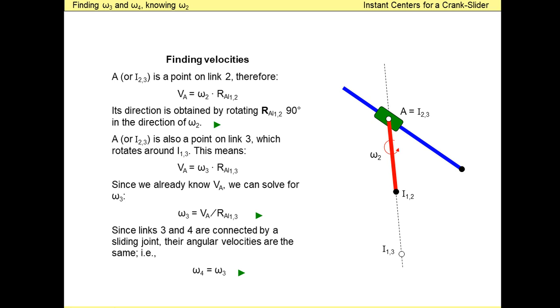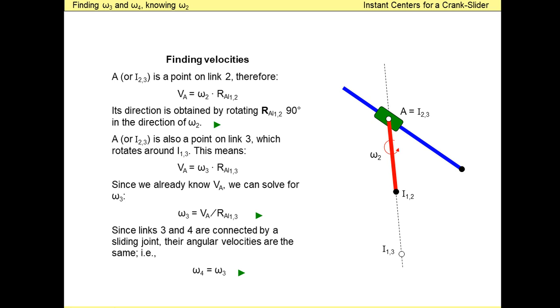Once we know omega 3, and this link 3 is connected with link 4 by a slider joint, if it is connected by a slider joint, it doesn't have any relative angular velocity. The relative angular velocity between these two members is 0. So the angular velocity of this slider is equal to the angular velocity of this member.